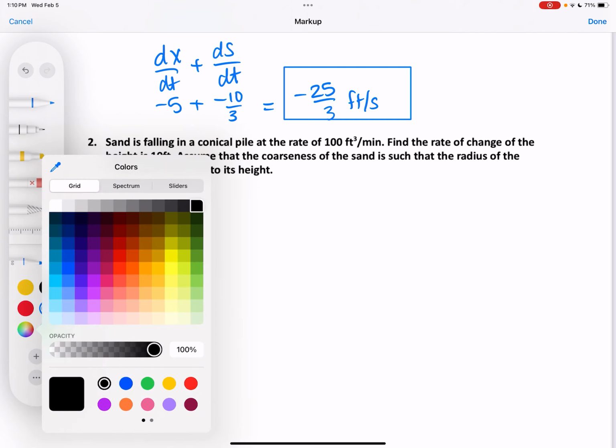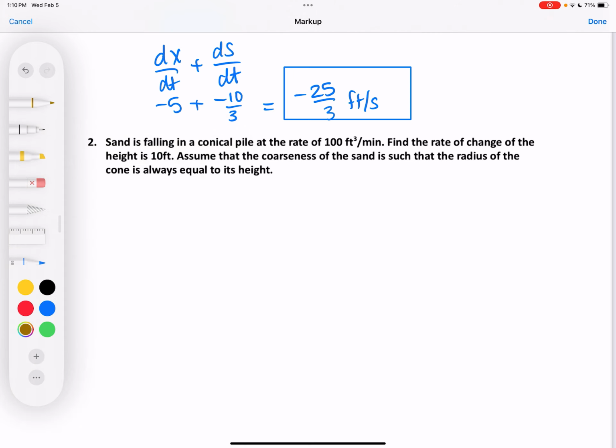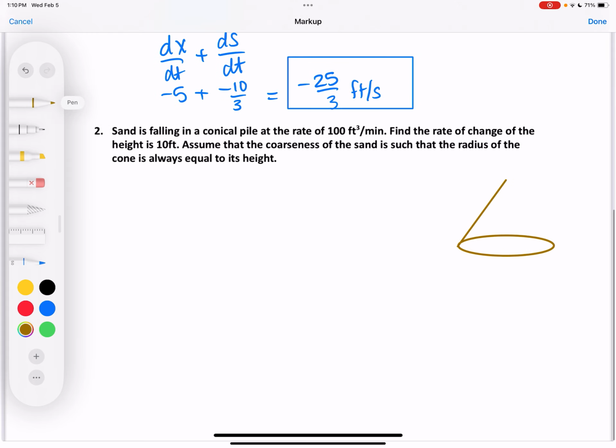So basically we've got sand falling in a conical pile, and so we've got something like this. So this is the incoming sand. And this is the conical pile.